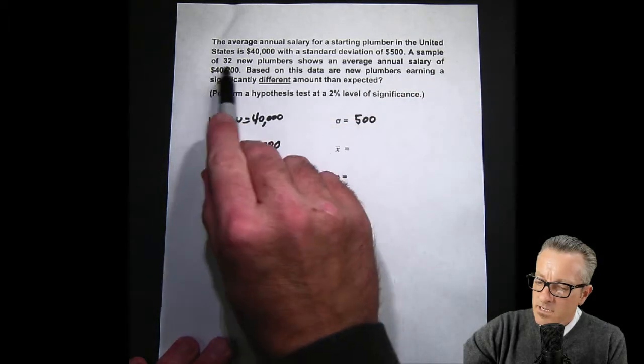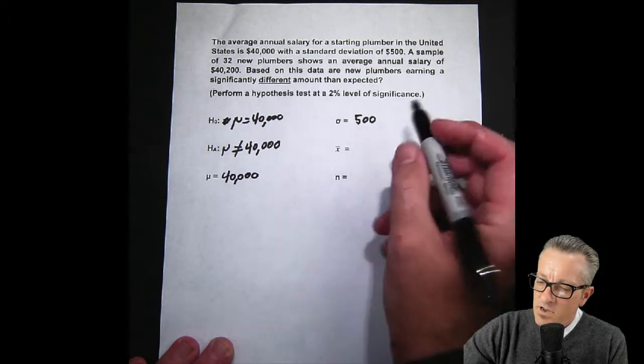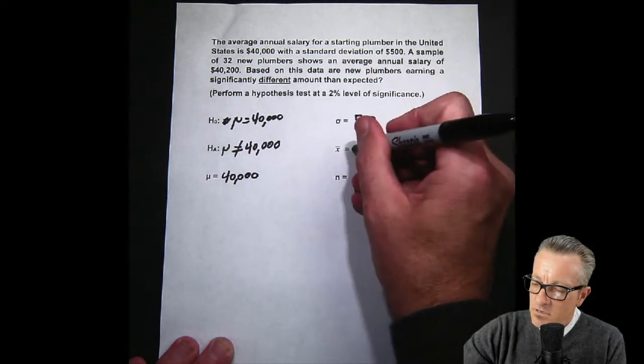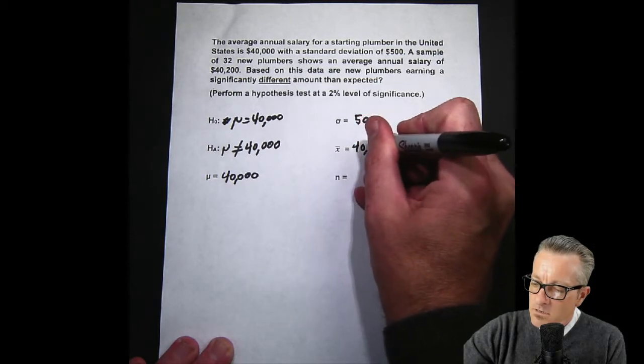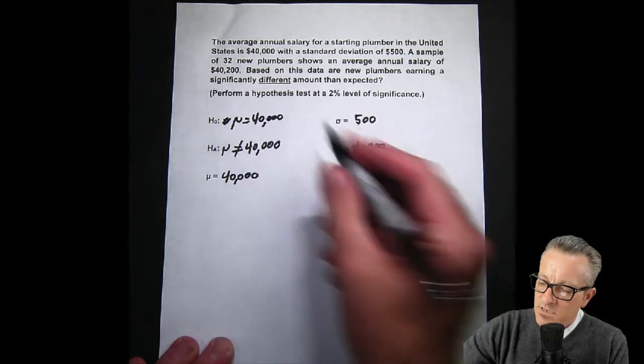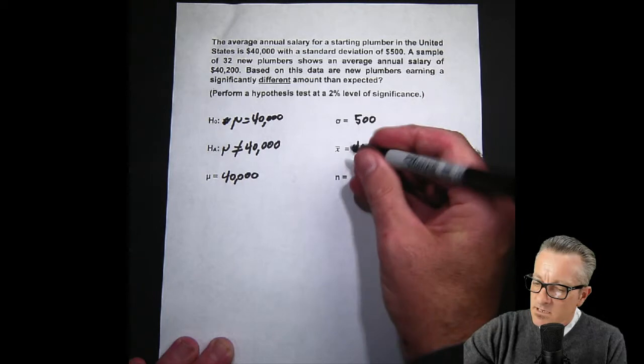And our x bar is 40,200, and our n, which is our sample size, is 32.